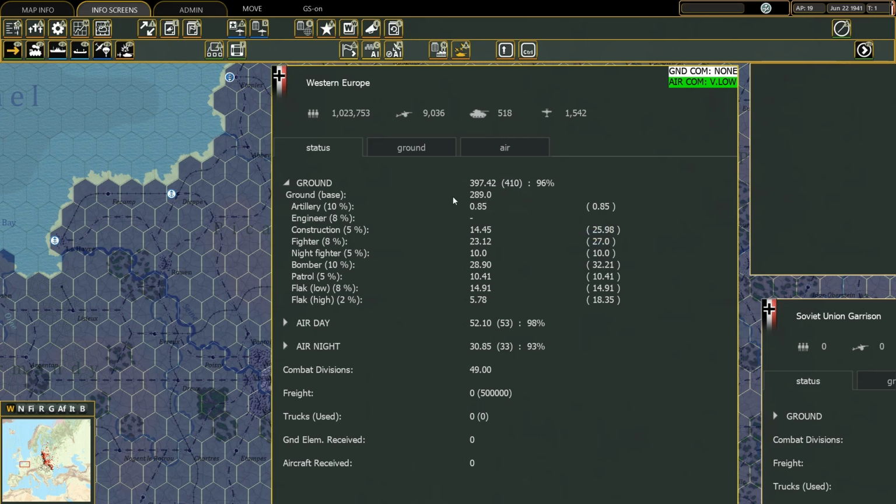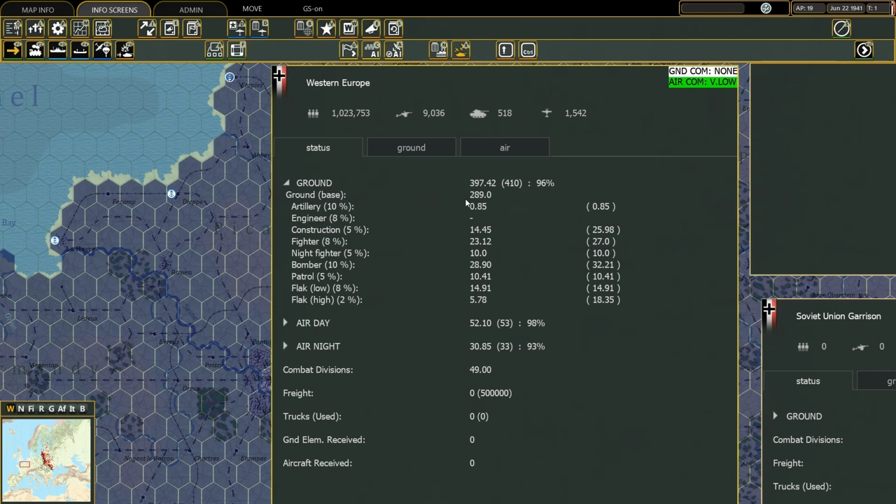And then you have ground base. This is the base value that makes up the bulk, so 100% of the ground elements of the ground requirements.